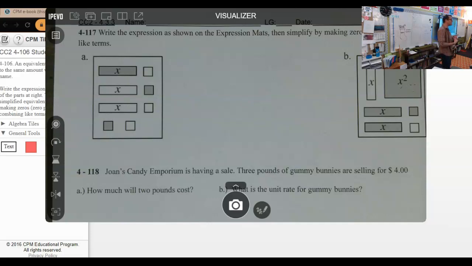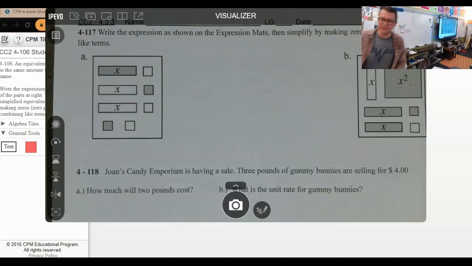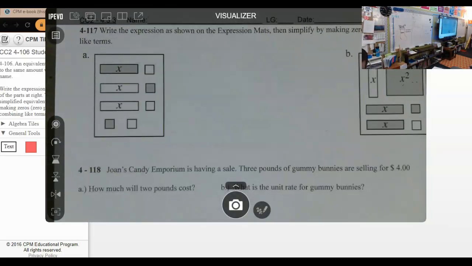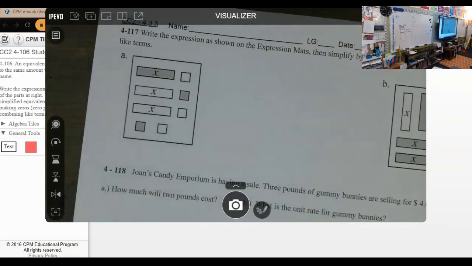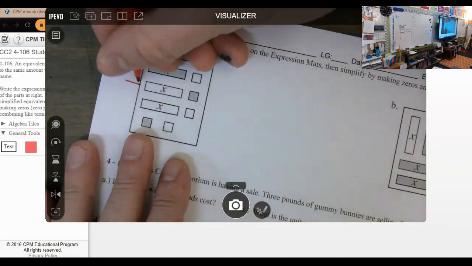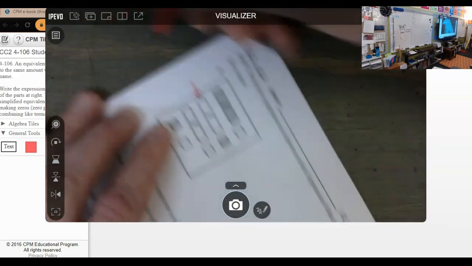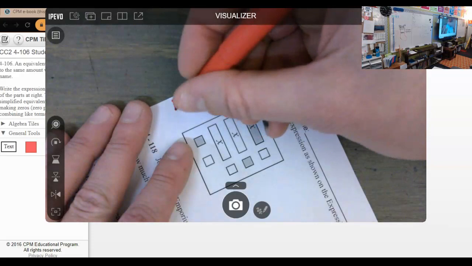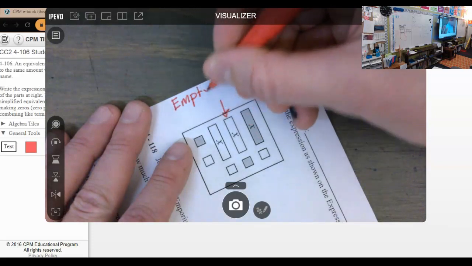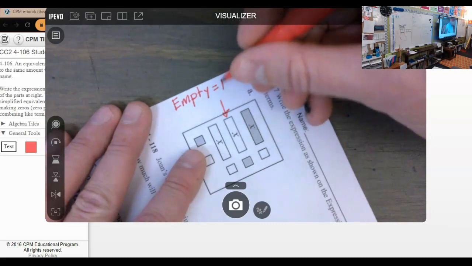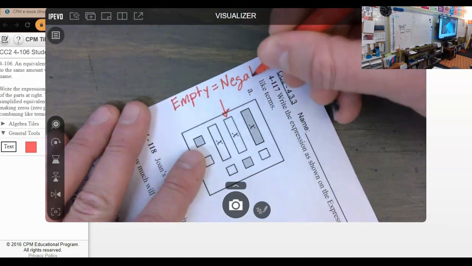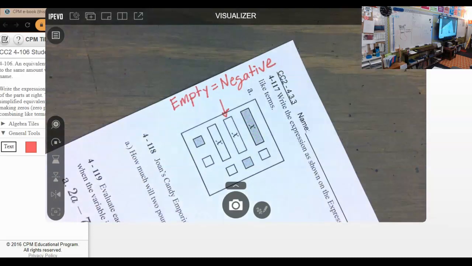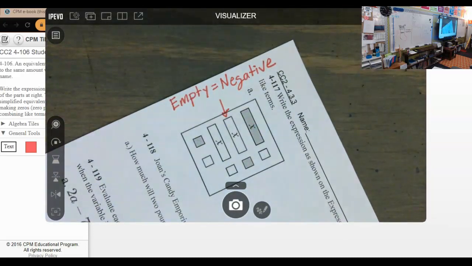No, it's missing ink, and what we technically call it in design is negative space. When you have space in between something, that's called negative space, and it can be really impactful. What I would code on your paper is that empty equals negative. So the shaded in gray ones are our positives. The empty tiles are our negatives.